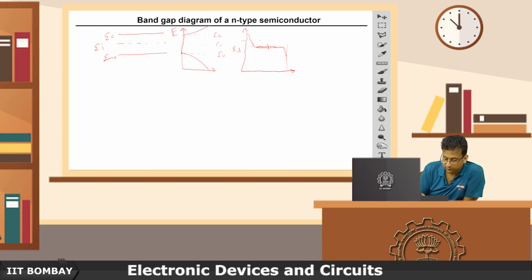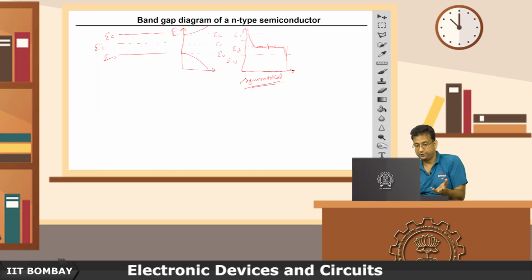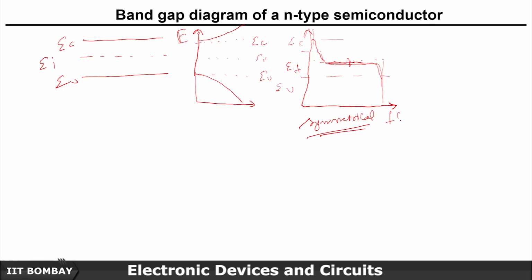The most important identification: if the energy versus Fermi function, the probability of occupation, is given, and it is symmetrical, that's the intrinsic semiconductor.